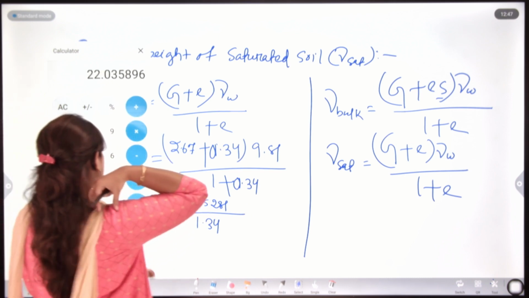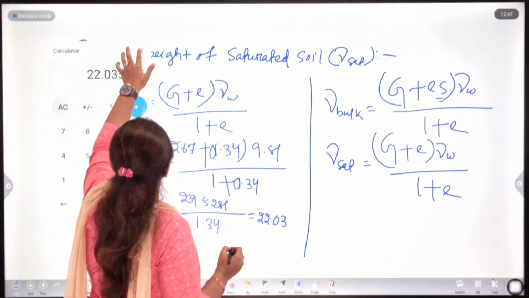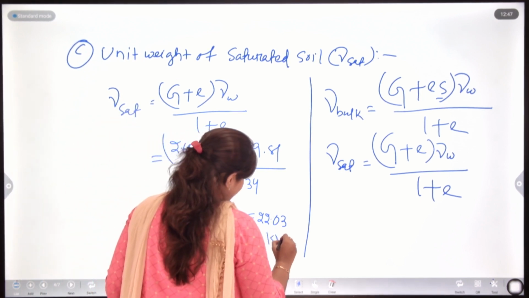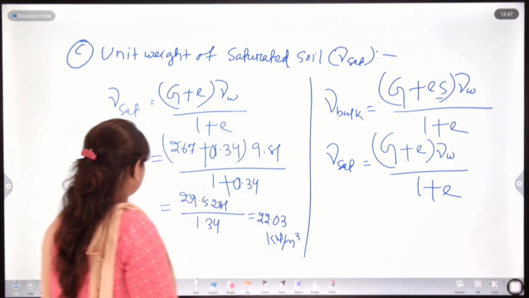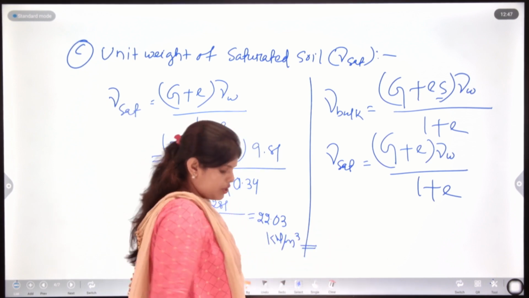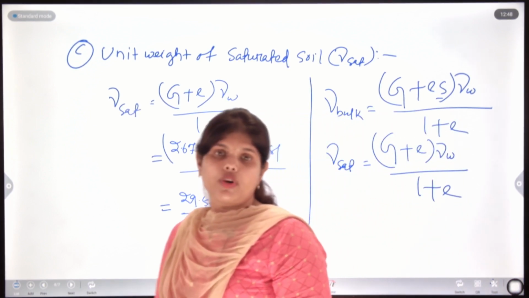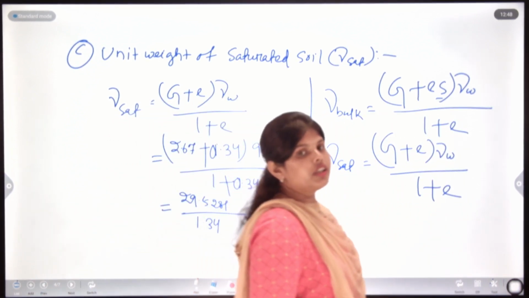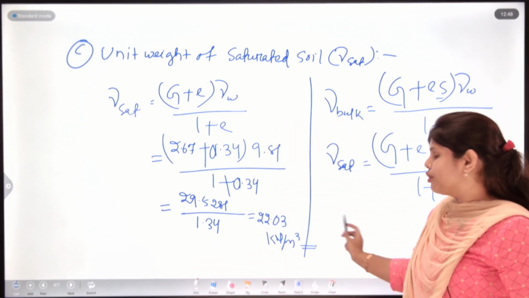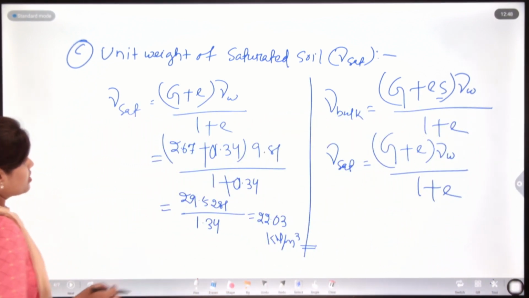How much is it? 22.03. So, here the unit will be kilonewton per meter cube. How can we know that unit weight will be kilonewton per meter cube? Because we know gamma is weight upon volume. Weight is in kilonewton, and volume is always in meter cube. So, here kilonewton per meter cube. We do not need to remember these units.